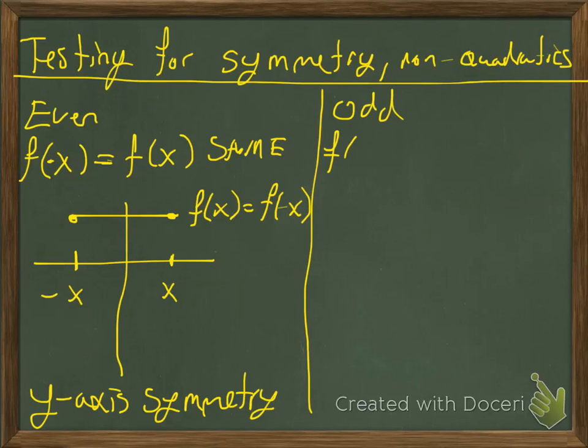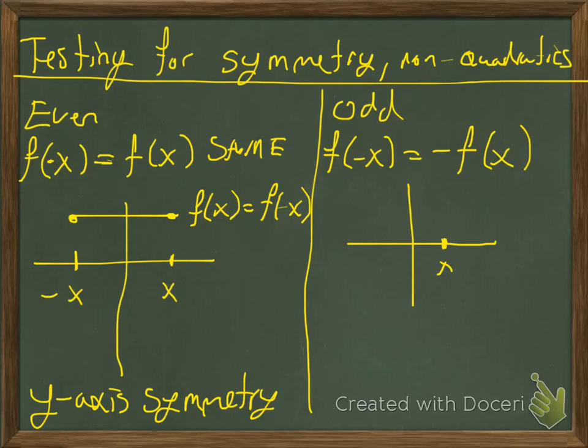You're an odd function if f of negative x is equal to negative f of x. So that would be opposite. So here we put x in. Here's f of x. Okay, then there's negative x. And f of negative x is at the same height as negative f of x.